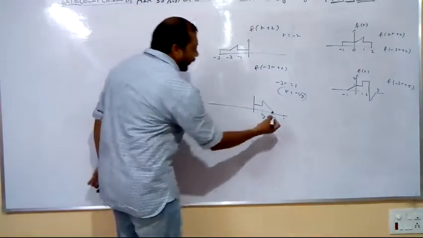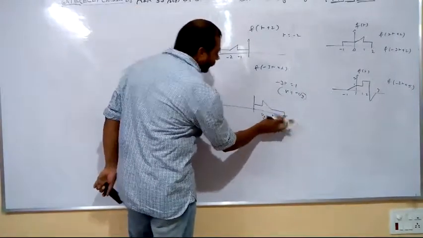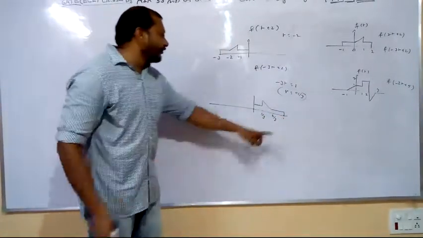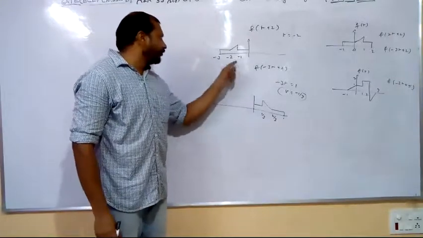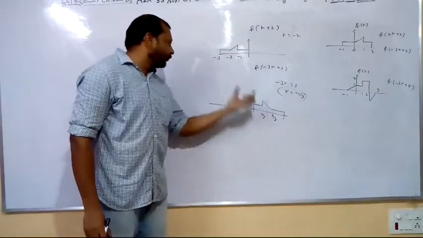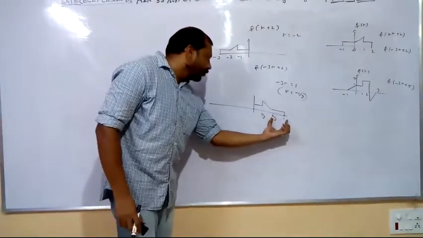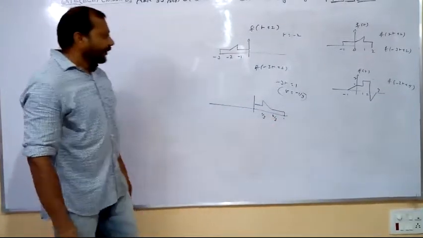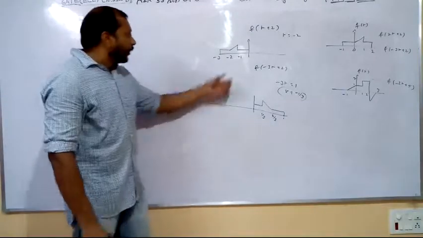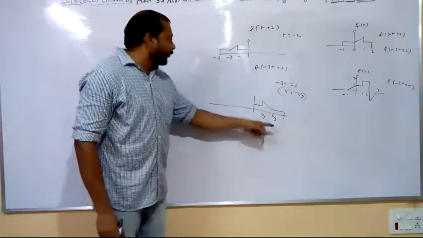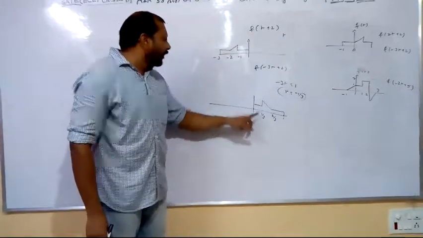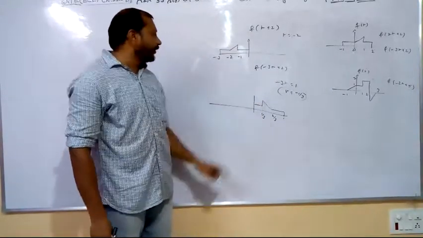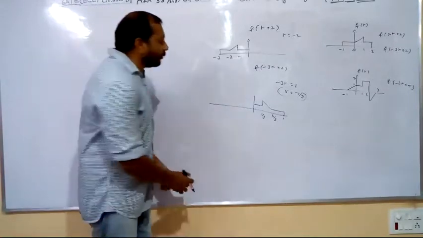So here the new instant 1 corresponds to minus 3 and 2 by 3 corresponds to minus 2. From minus 3 to minus 2 the same shape should be drawn from 2 by 3 to 1. Now minus 2 corresponds to 2 by 3, and minus 1 corresponds to 1 by 3. At minus 1 you have the peak value, so you have to consider the peak value at 1 by 3.